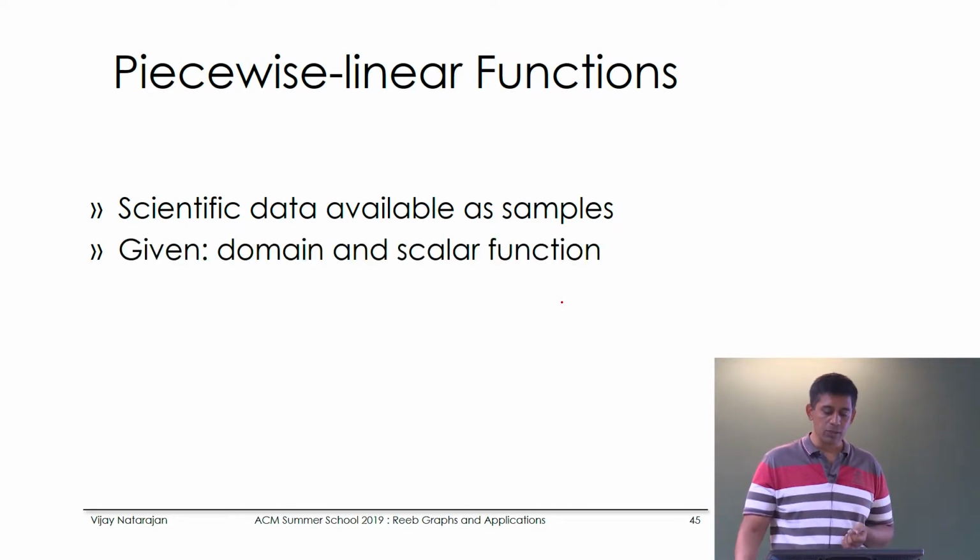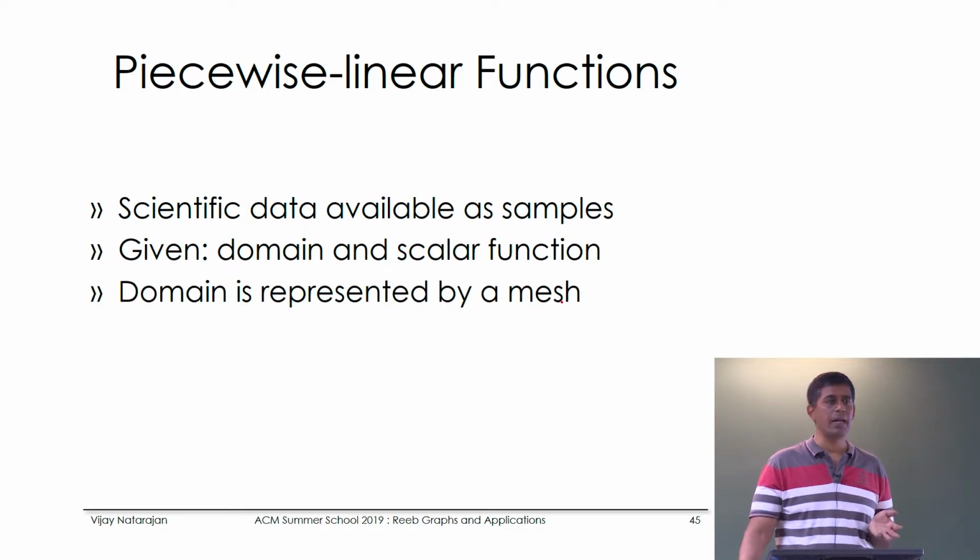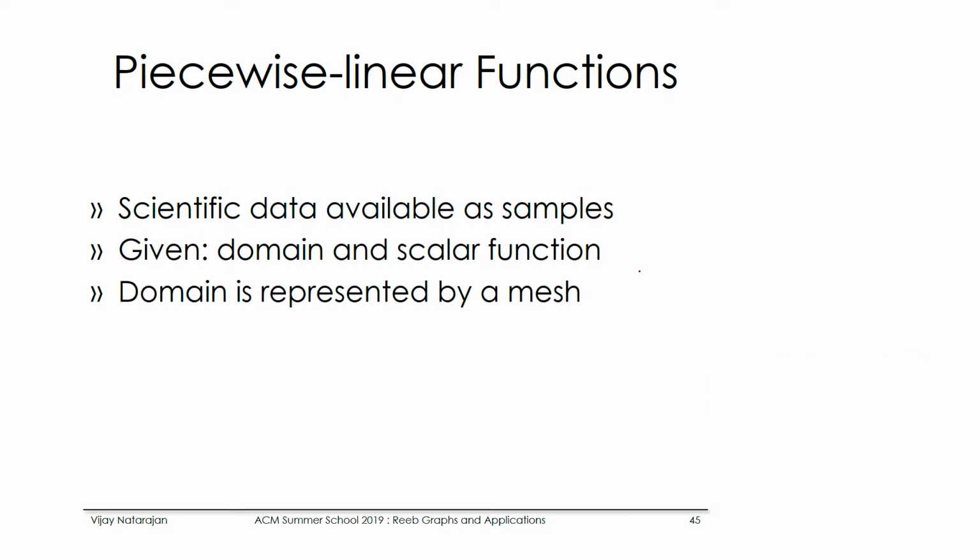Like I said, data is often available as samples. The domain and the scalar function are given in the following way. The domain is often represented as a mesh. By a mesh, I mean like a triangle mesh, something like that, or a grid.